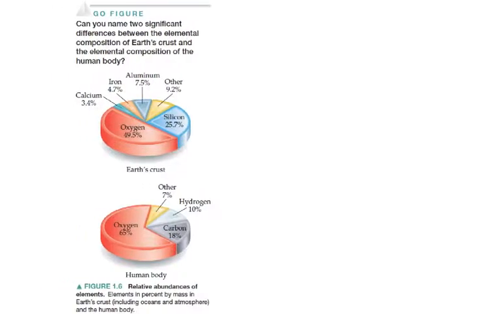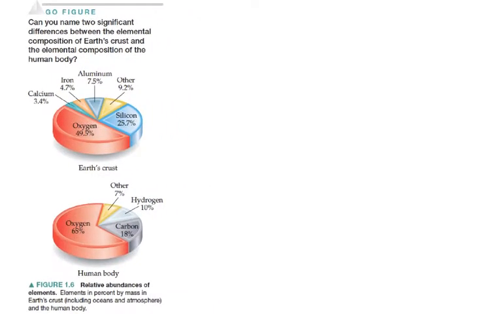Then from our textbook, got this little chart I mentioned on the preceding slide, that we had different abundances, and this just gives abundance in the Earth's crust and in the human body. And you can see it can vary, from what here, 7% of the human body is made up of all the other elements except for hydrogen, carbon, and oxygen.